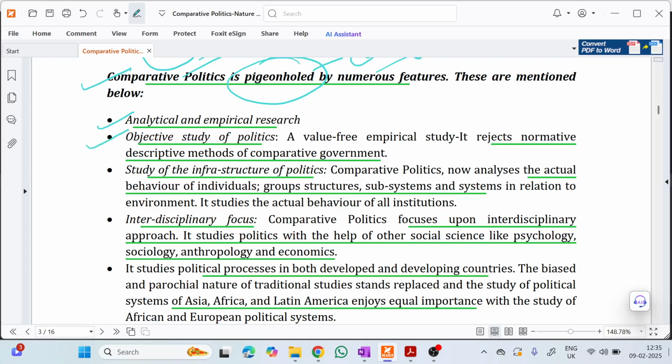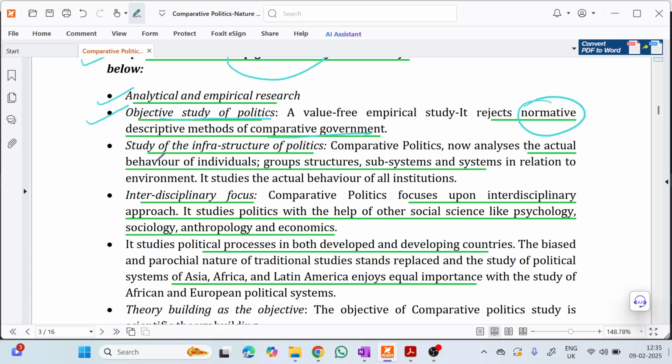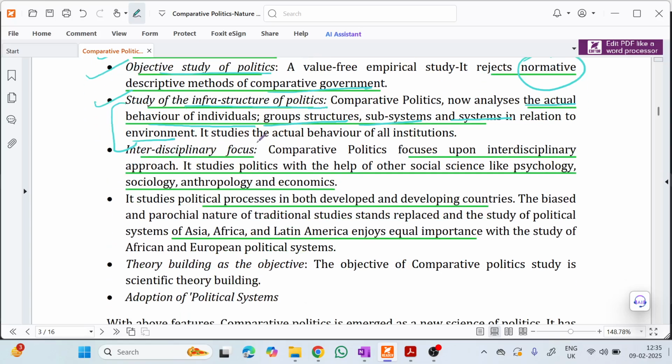Then it is objective study of politics rather than the normative or subjective study of comparative government. Then it studies the infrastructure of politics, which means it now analyzes the actual behavior of individuals, of group structure, of subsystems and system in relation to the political environment. So it studies the actual behavior of all entities, all the actors involved.